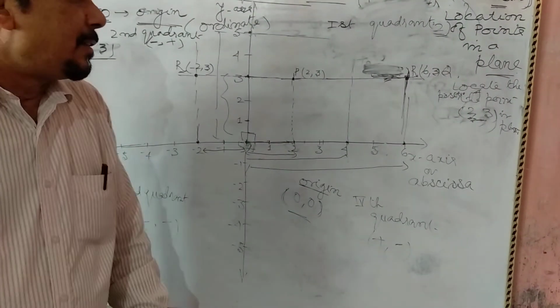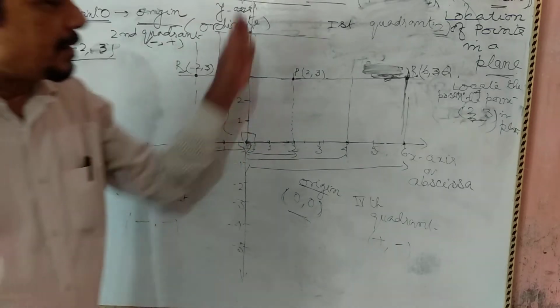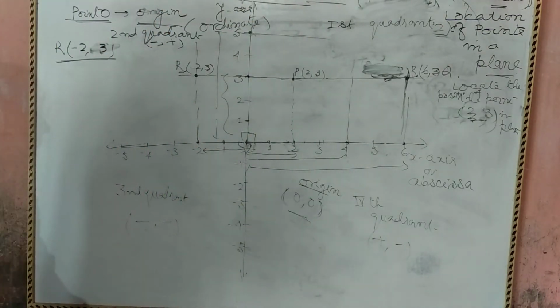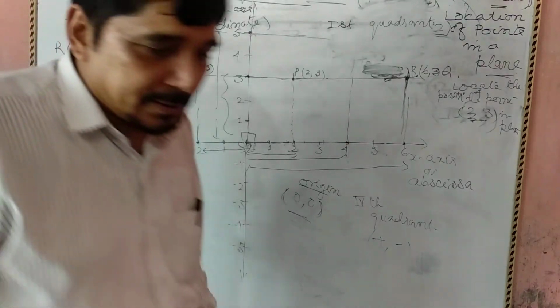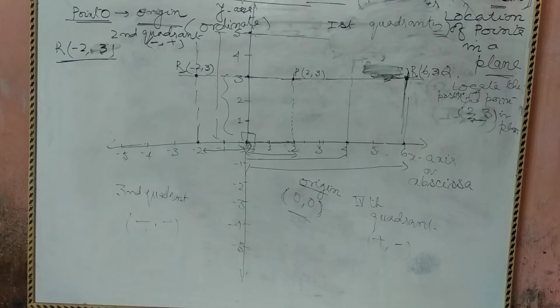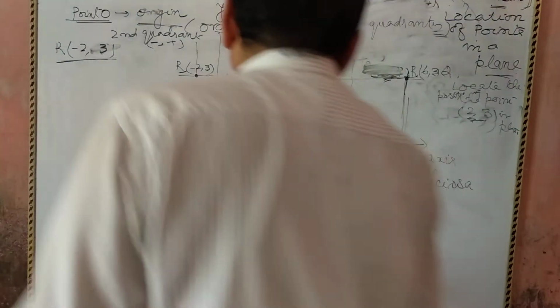Okay. So now, in a graph paper, there are horizontal lines and vertical lines, and both the horizontal line and vertical line intersect each other at 90 degrees. Means both lines are mutually perpendicular to each other.